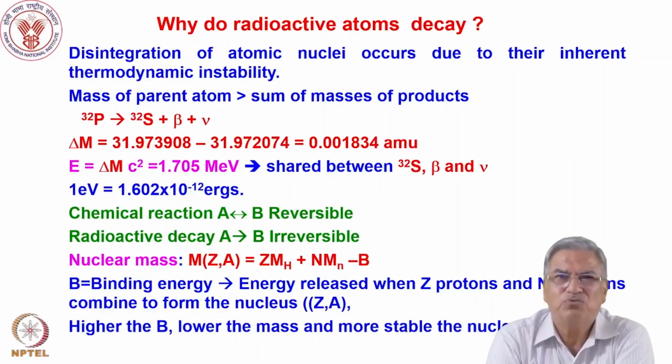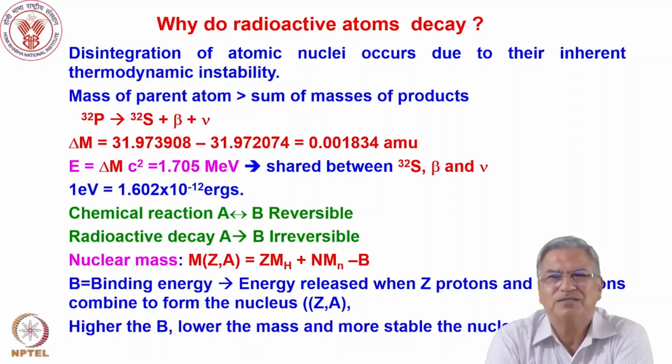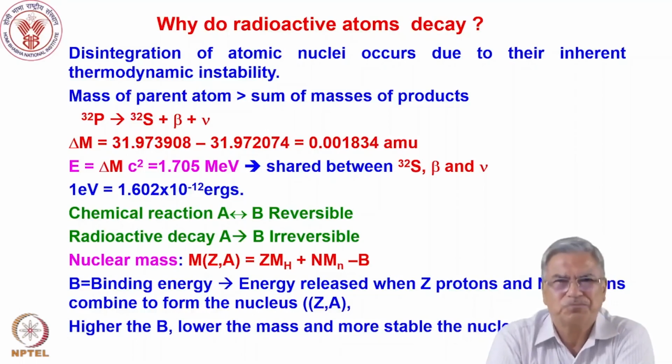I'm using the term nucleons; we will see later that protons and neutrons are together called nucleons. So the higher the binding energy of a nucleus, the lower the mass, and the more stable it is. You can see from the equation of nuclear mass that if B is more, then the mass of the nucleus will be smaller. That gives you an idea that nuclei which have high binding energy are more stable.